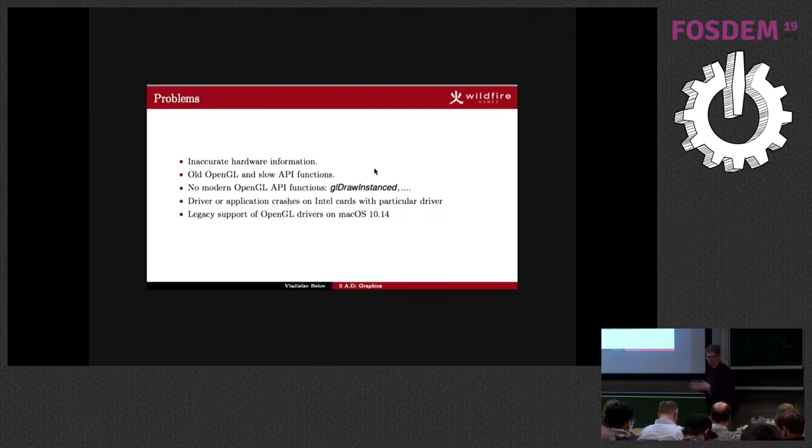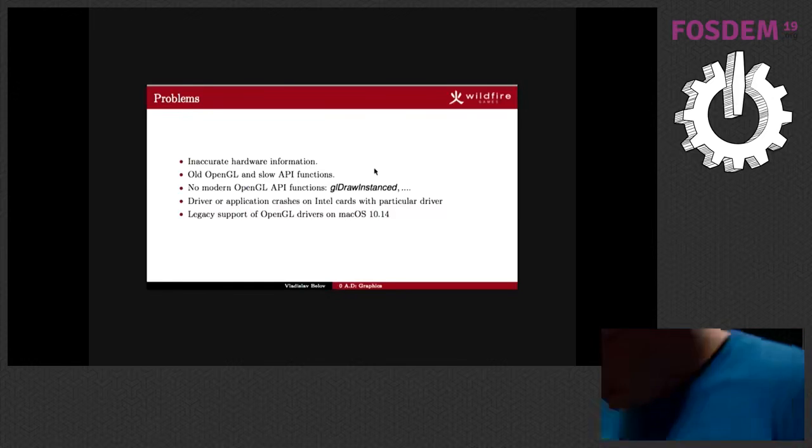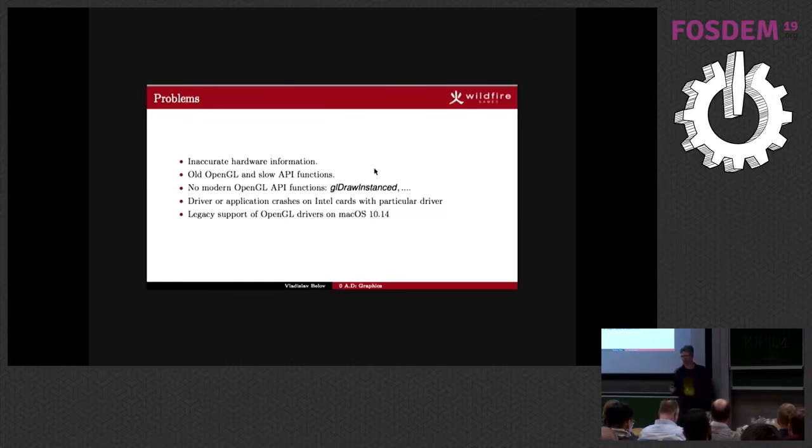It really could help us, but currently we can't do this because we still support old players, players with old hardware. I will show it later, but we have some players with OpenGL 1 and OpenGL 2.